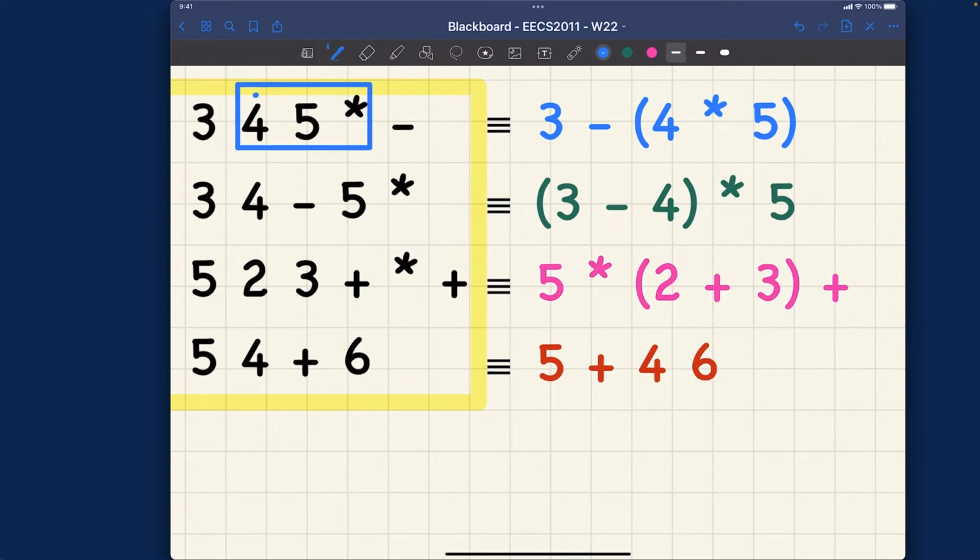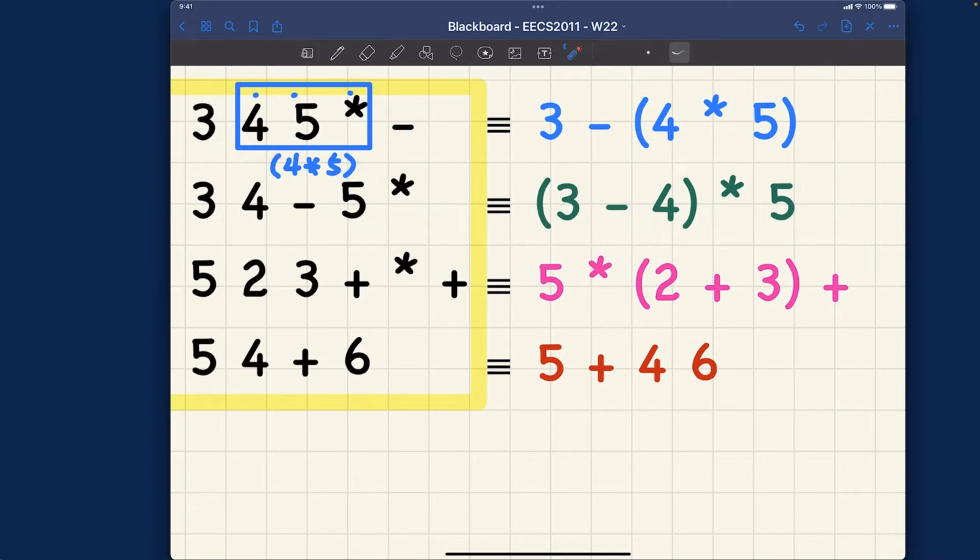I got two operands for multiply. So this corresponds to 4 times 5 over here. And then you can see we got another minus over here. So whenever you got an operator, that means you should get its right operand, which is this case, and also a left operand, right?